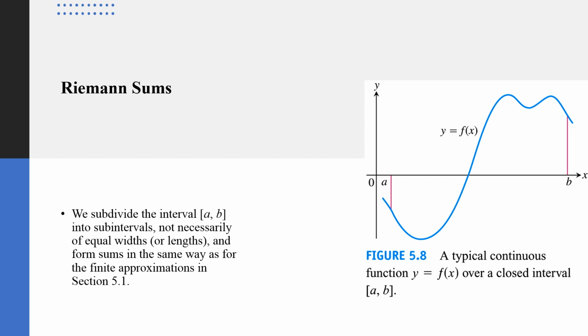Okay, the next idea is Riemann sum. So we subdivide the interval AB into subintervals not necessarily of equal widths. So far we were subdividing into intervals of equal widths. Now it is not necessary to have equal widths. So we subdivide the interval AB into subintervals not of equal widths or lengths and form sums in the same way as for the finite approximations in section 5.1.